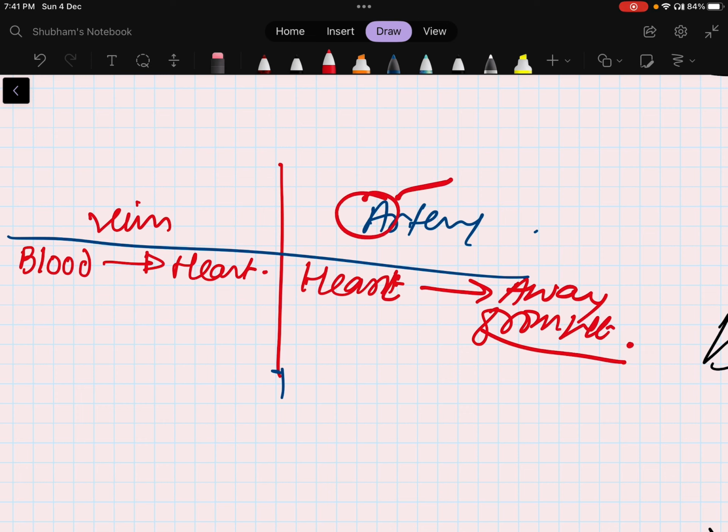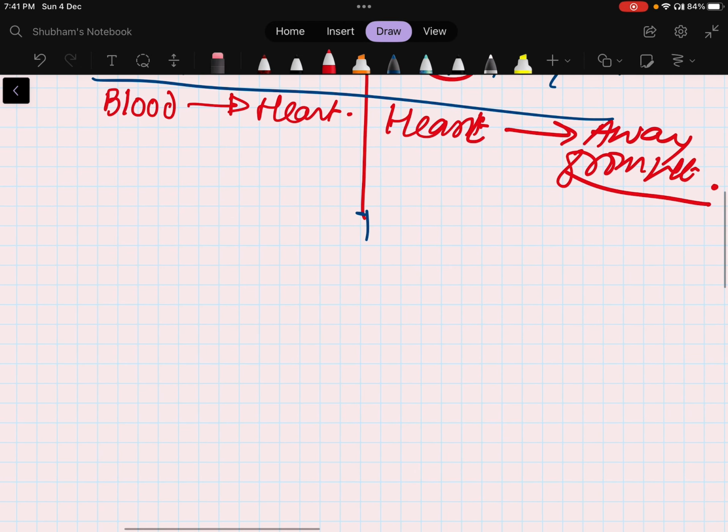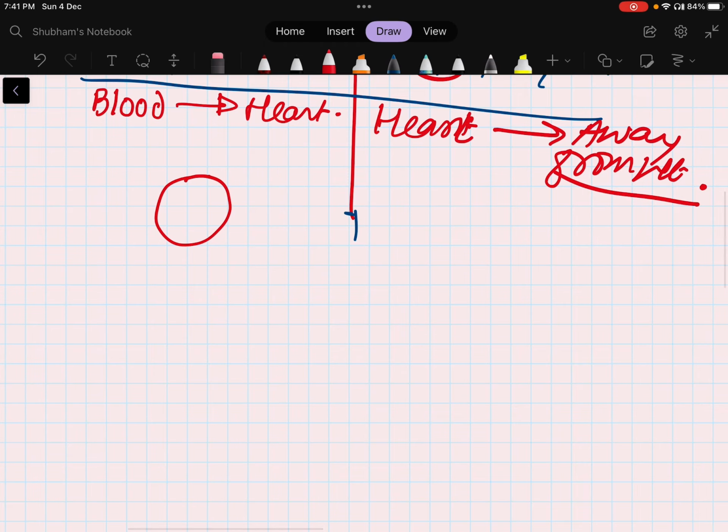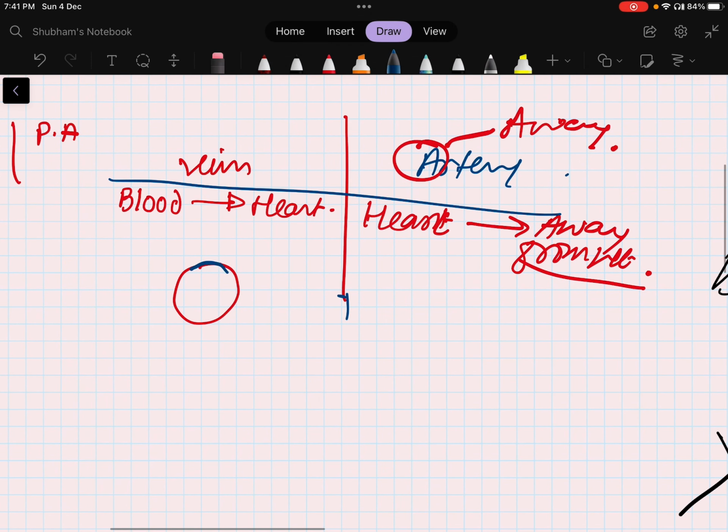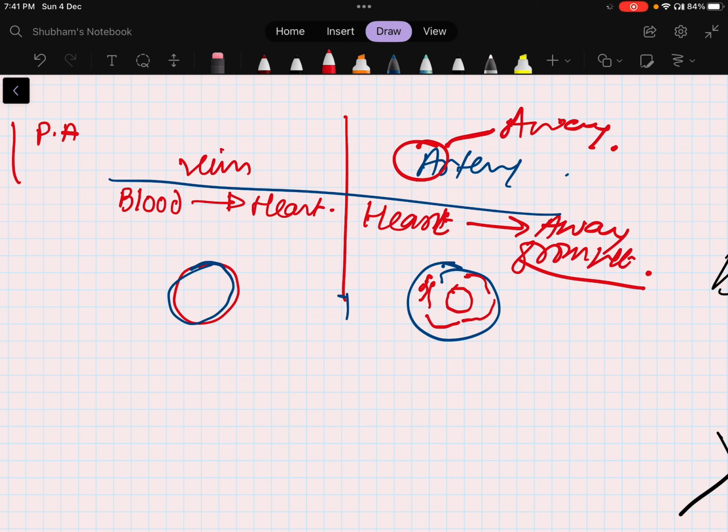Artery for away. Veins have a larger internal diameter, right? Because arteries have muscles within them. In veins, we don't have any muscle.